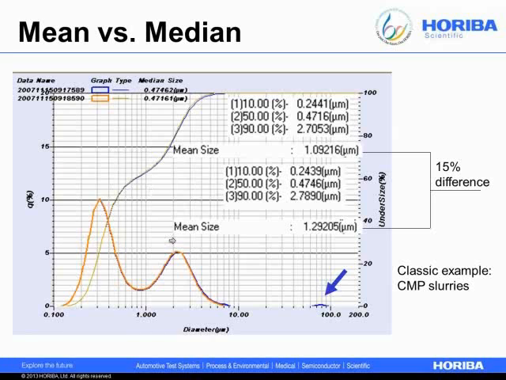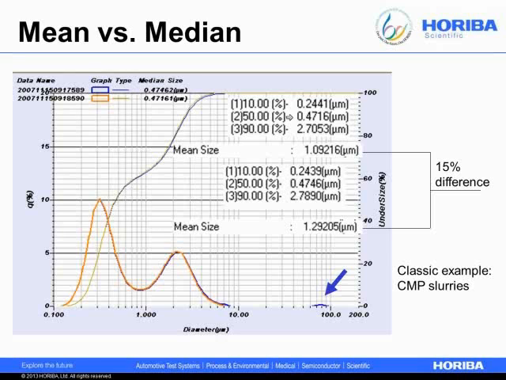Here we have a material. It's not Trona, but it is another mineral, where there are two different lots of the same material. And what we see here is data from the LA950. For the first material, we're seeing a D50 of 472 nanometers. For the second lot, the D50 is 475 nanometers.